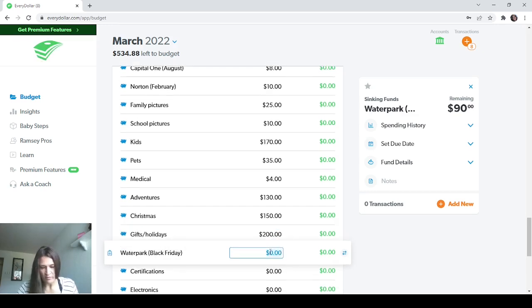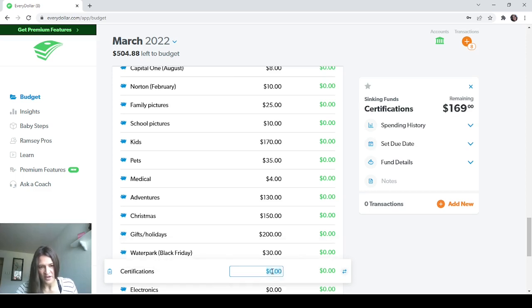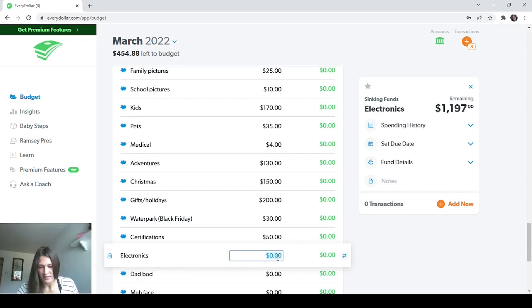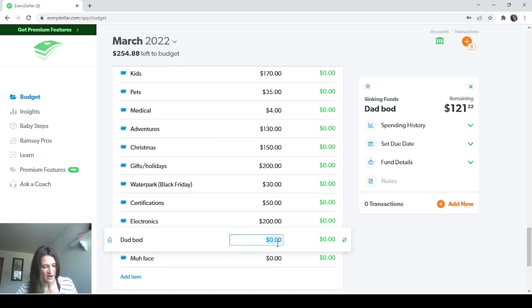The water park where we live is $30. And on Black Friday, they have sales on the season passes, which I used during Christmas time this year. That was the first year I'd done that, and it's so good. I just feel so much more prepared for things, whereas before it was just like, oh, yeah, this came up. I'm not prepared.